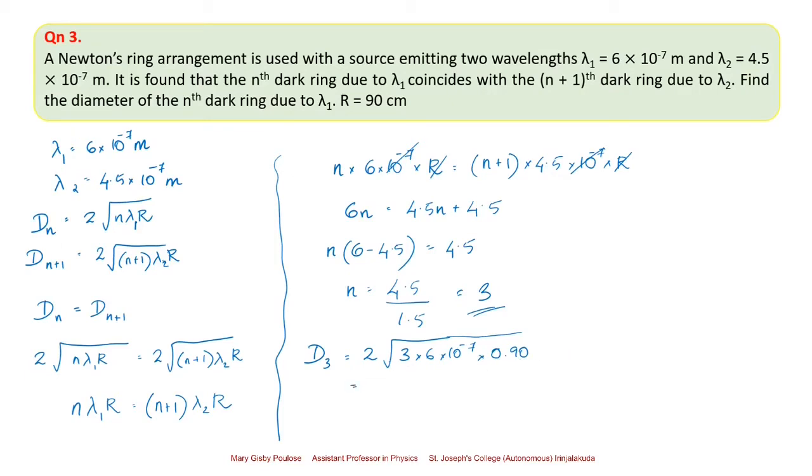Doing the calculation, we get 2.545 into 10 raised to minus 3 meters. So the diameter of the third dark ring is 2.545 into 10 raised to minus 3 meters. It is the third dark ring due to lambda 1 that coincides with the fourth dark ring of lambda 2.